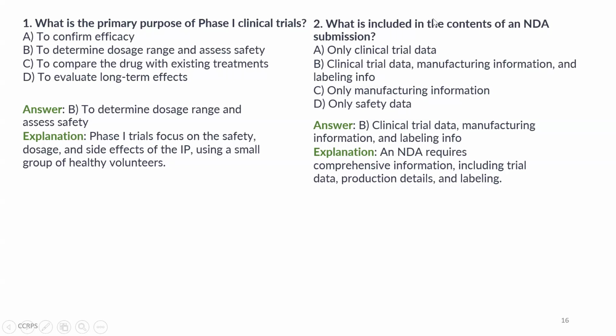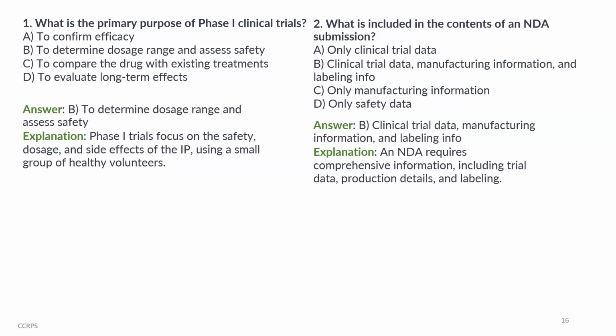So it would be B, clinical trial data from phase 1 to 3, manufacturing information and labeling information. As an NDA requires comprehensive information including trial data, production details, and labeling. And labeling information is exactly the medication or drug instructions, how to use, or directions.